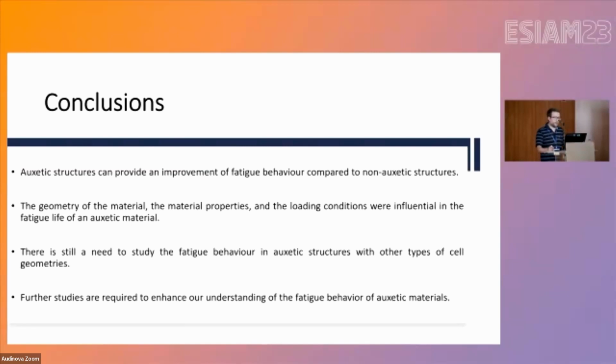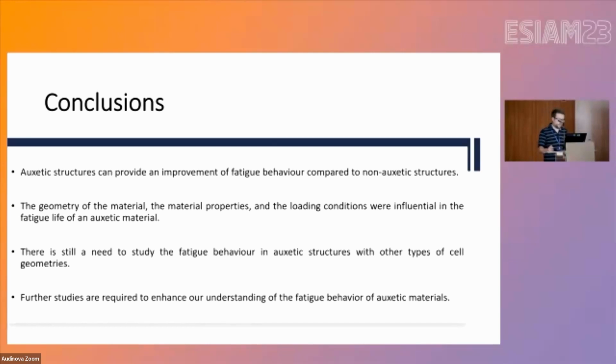So to conclude, auxetic structures can provide an improvement in terms of fatigue behavior compared to non-auxetic structures. The geometry, the material properties, and the loading conditions were very influential in the fatigue life of an auxetic material, but there's still a need to further study this type of behavior in these types of structures, mainly the cell geometry, since most of these works focus on one type of cell geometry.